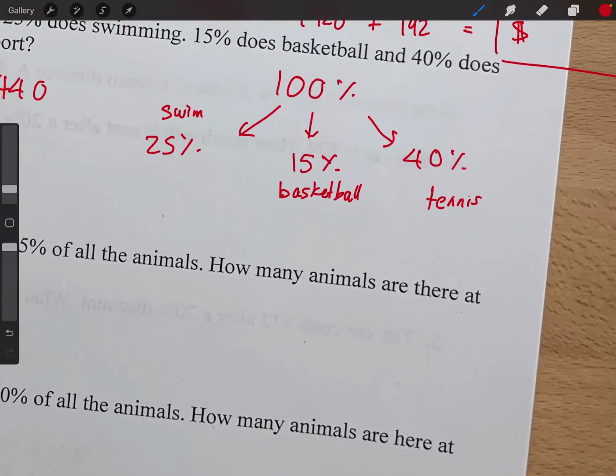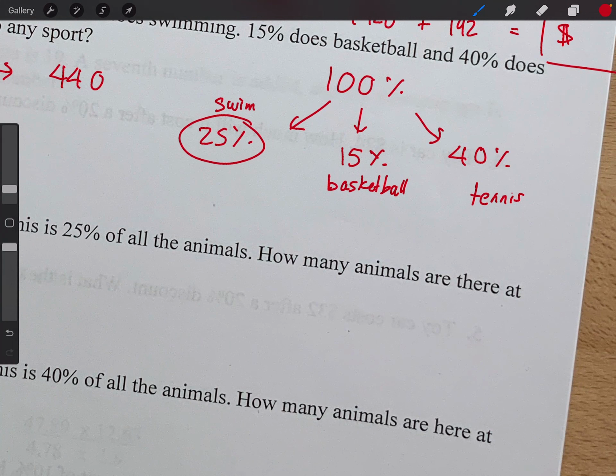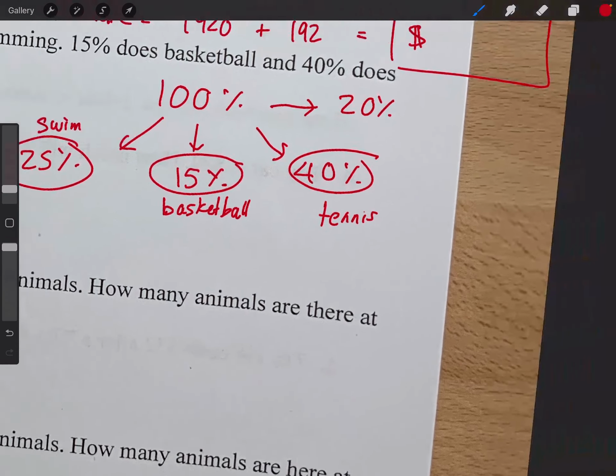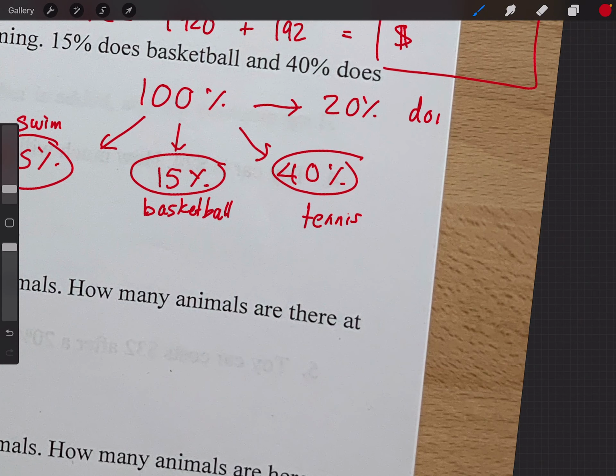So let's add all these numbers up. 25 plus 15 gives me 40. 40 plus 40 is 80. So that means there's another 20% of people who do no sports.